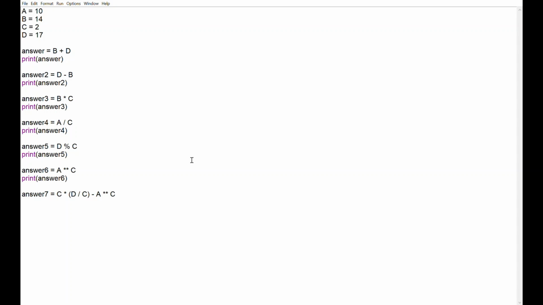So remember PEMDAS: parentheses, exponentiation, multiplication or division, and then addition or subtraction. Try and do the math in your head or on a paper, or if you're smaller and you don't think you know multiplication or division or don't understand exponentiation, you can just go a bit forward, and I'll give you 10 seconds to think what might happen.